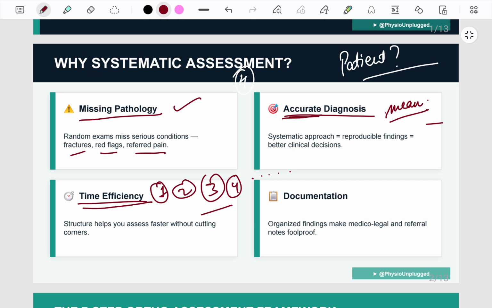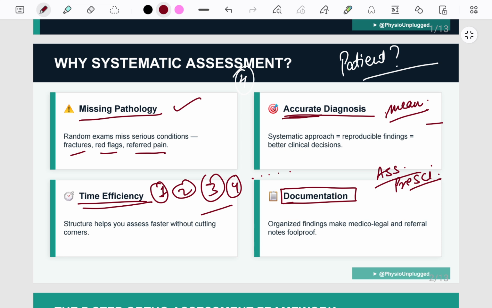Now, fourth and the most important part of having a systematic examination is documentation. See, when we assess a patient or when we prescribe any medicine or exercise for a patient, we have to document it so that we have the proof that we did this examination and this is the prescription that we made following the examination.